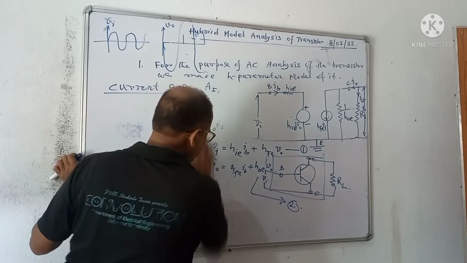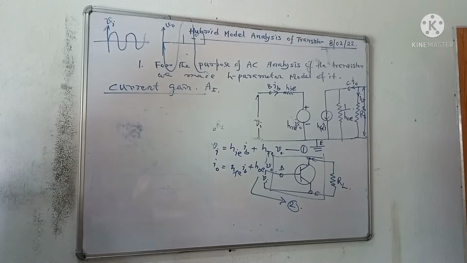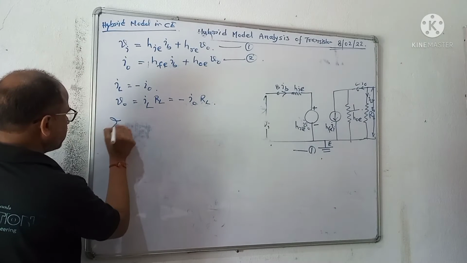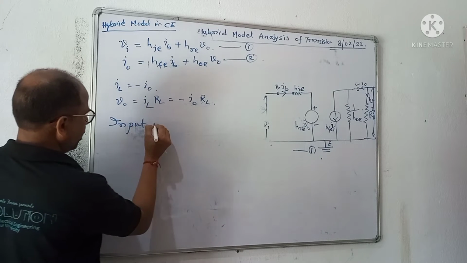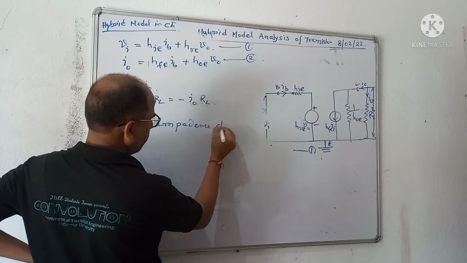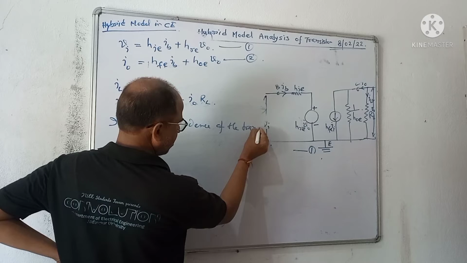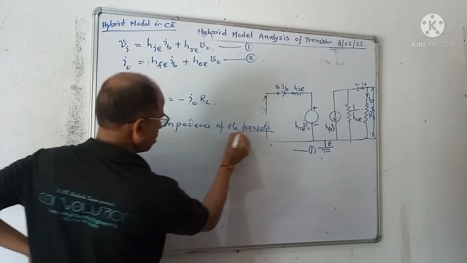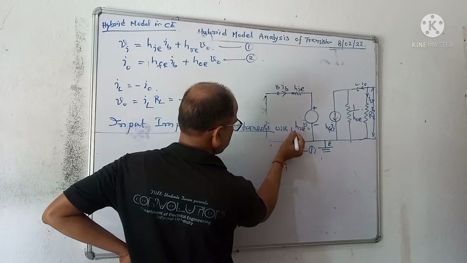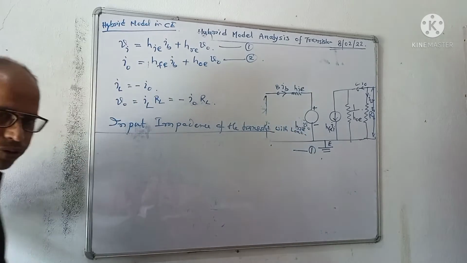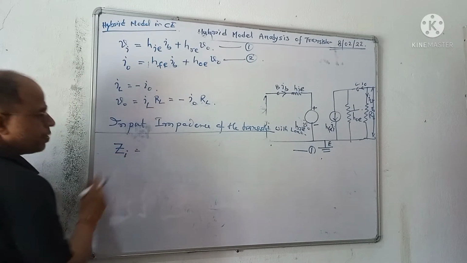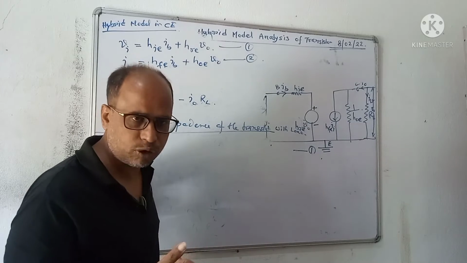Next is input impedance of the transistor with load. Now the definition again: ZI, input impedance, means input voltage by input current.